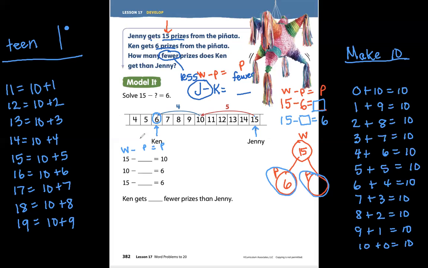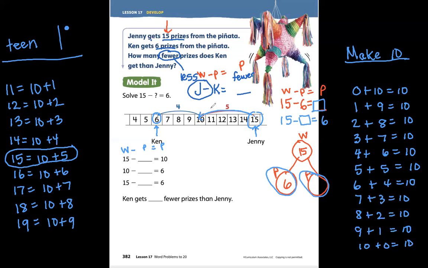So here, what they did, Jenny had 15 prizes from the piñata. Ken had 6 prizes from the piñata. How many fewer prizes did Ken have than Jenny? So they started with 15. Let's look over here at 15. 15 is made of 10 plus 5, right? So they went, how many fewer did you need to get to 10?